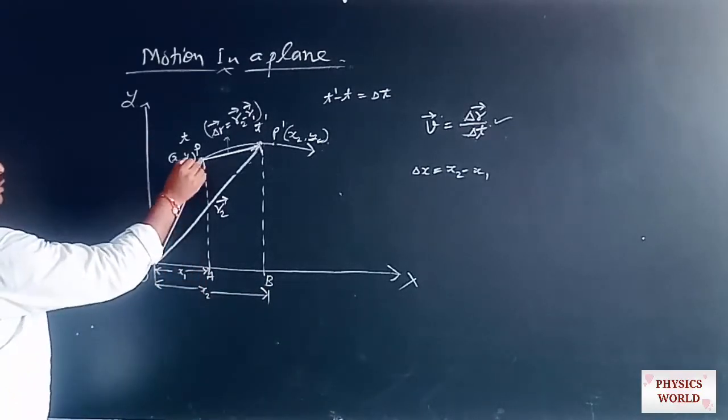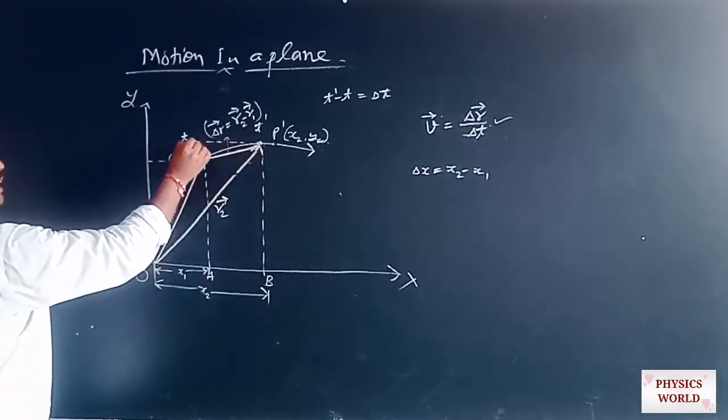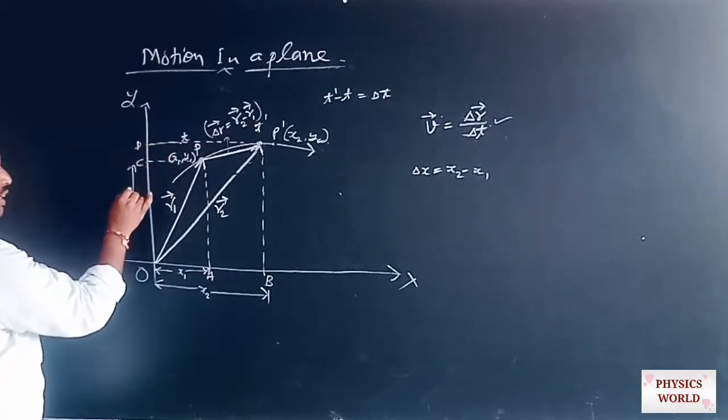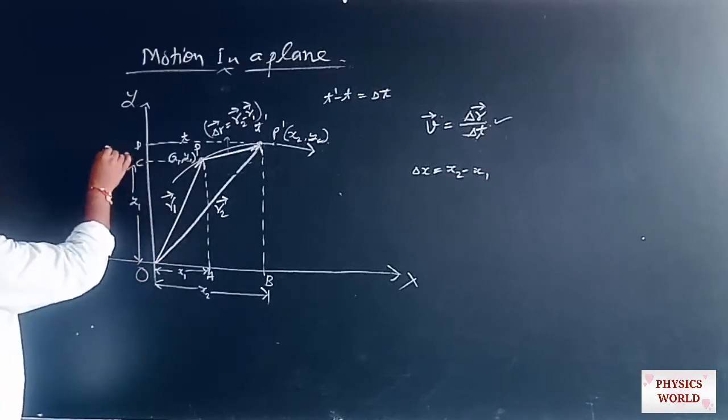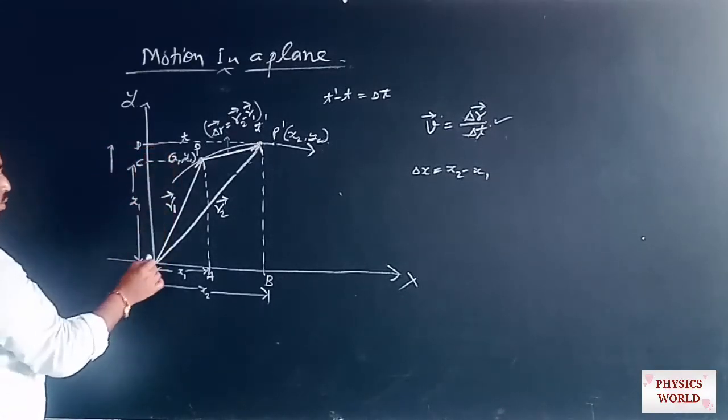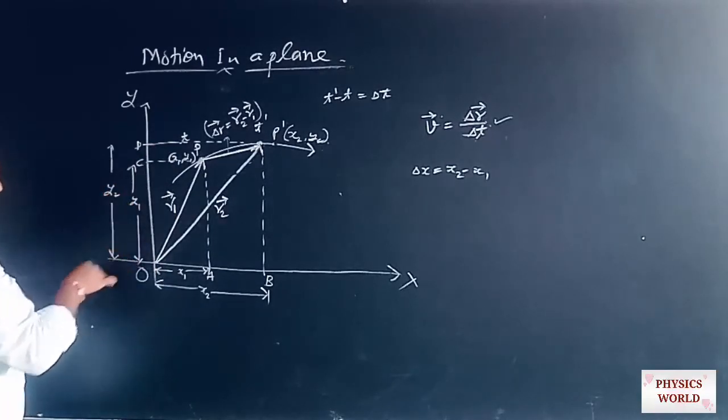And if we draw perpendiculars on the y-axis from P and P dash, meeting at points C and D, then OC is y1 and the distance of point D from O is y2.